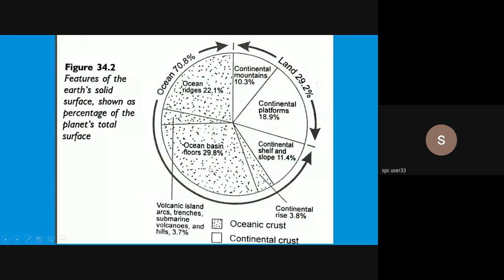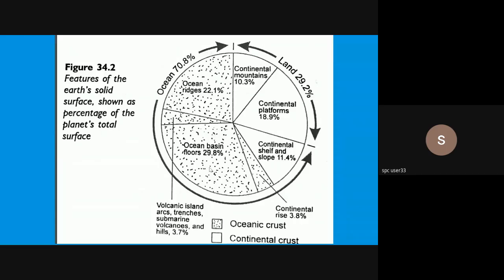When we speak about the overall distribution, you'll see that oceanic ridges, volcanic islands, ocean basins, this is how the distribution takes place. Continental shelf and slope, we are going to do the configuration of the submarine relief, but shelf and slope occupy only 11% of it. Ocean basins occupy a very large percent, and so do oceanic ridges.